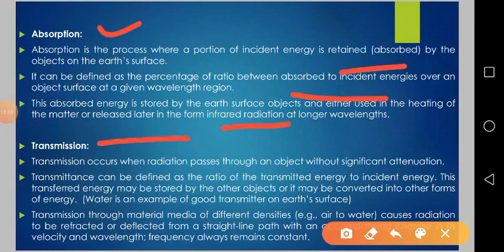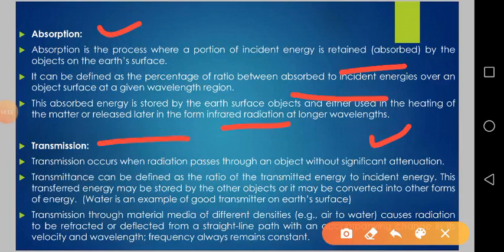Similarly, the last one is transmission. Transmission occurs when the radiation passes through an object without significant attenuation. Attenuation here means there is not much change in the wavelength or the frequency. So this is called transmission.